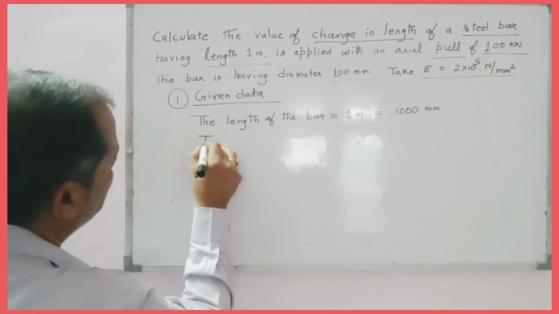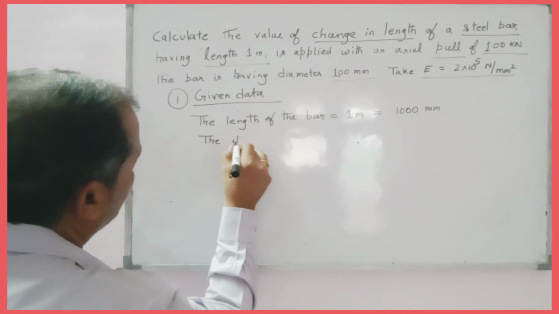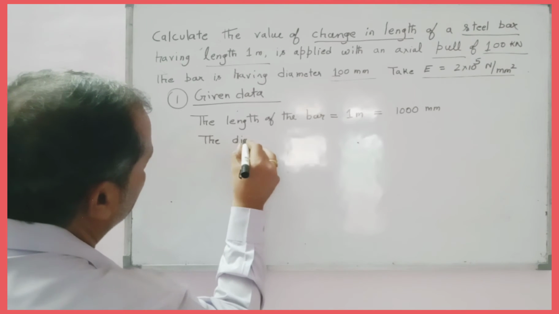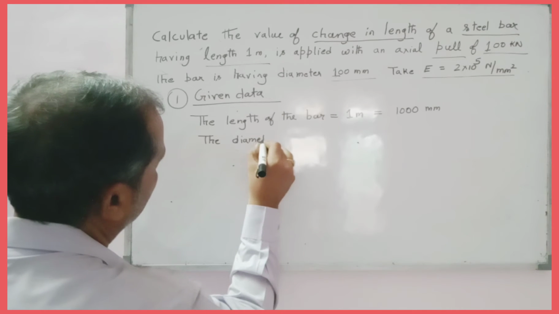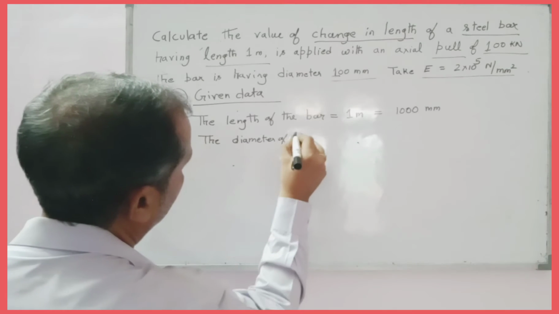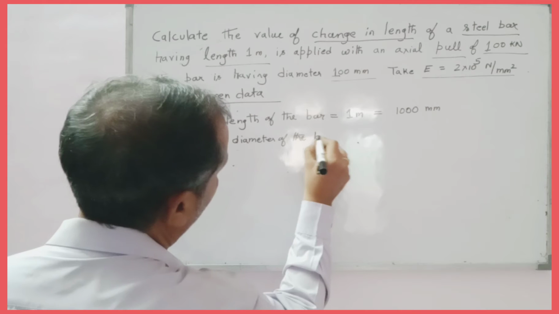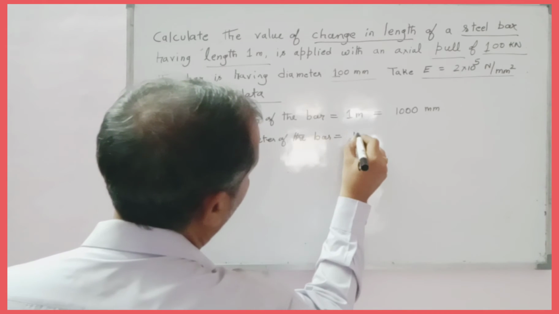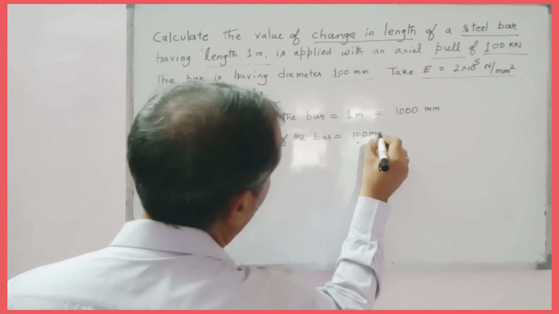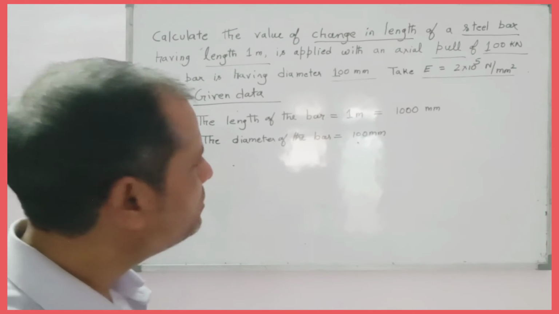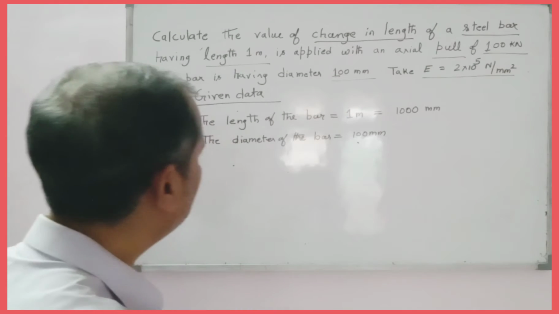The diameter of the bar is also given. The bar is a circular bar. So the diameter of the bar is given 100 mm. So we can easily sort out the cross sectional area of the bar.